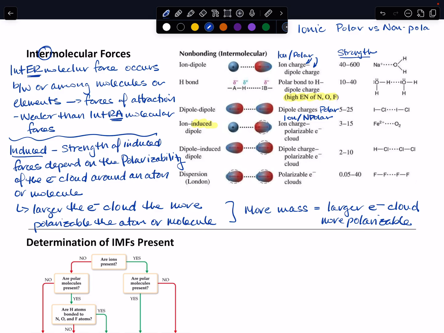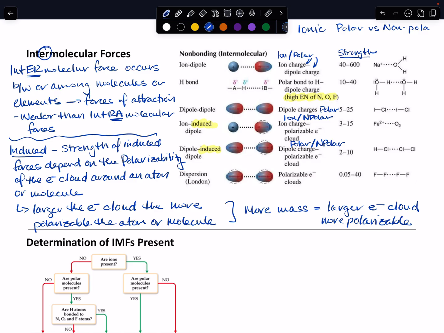Up next is a dipole induced dipole. That means you have a polar molecule and a non-polar molecule. So you have some sort of polar molecule such as water. It has a permanent dipole. It's polar, so there's a positive side to the molecule and a negative side. And when that molecule comes close to a non-polar molecule, the positive end of that polar molecule induces the electrons in that non-polar molecule to move towards it.